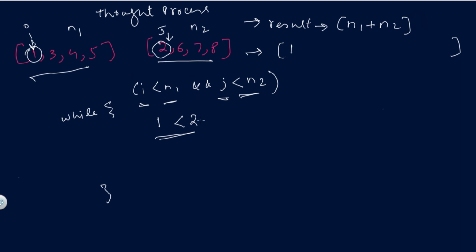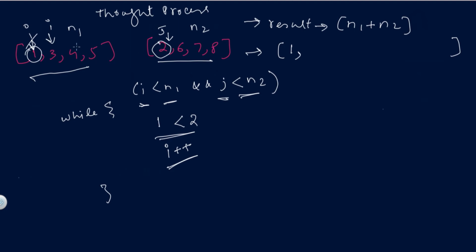In this case it will of course be 1, and we will increment the pointer i, so i plus plus, because it is less than 2. So i will be incremented, and it will be at index number 1, and j would be there.